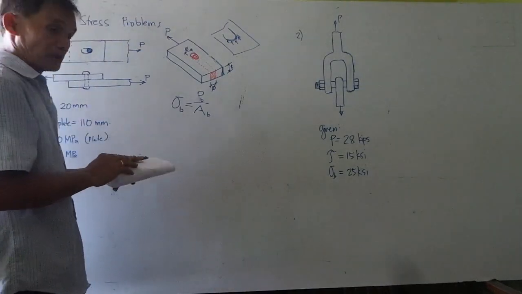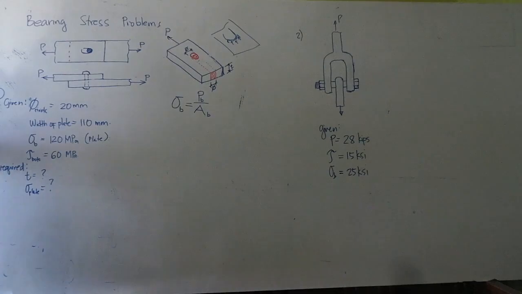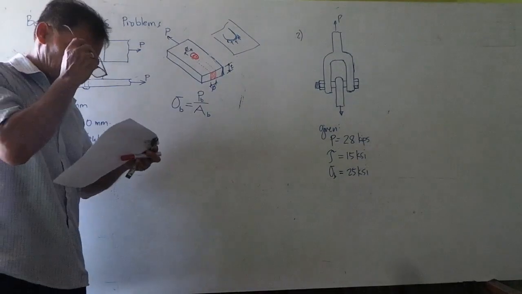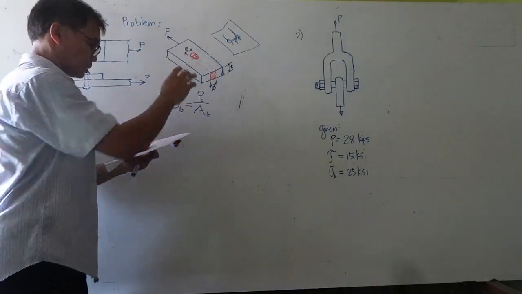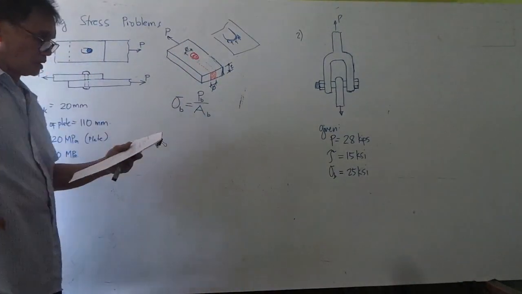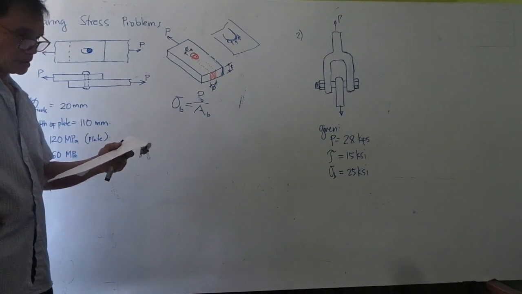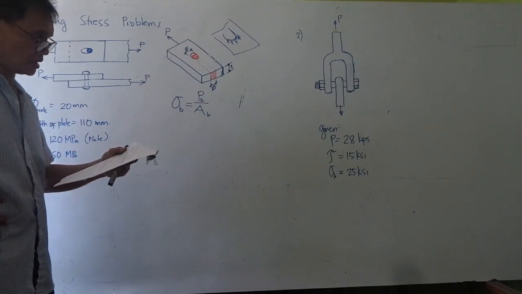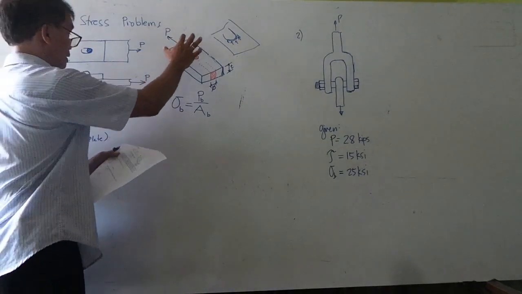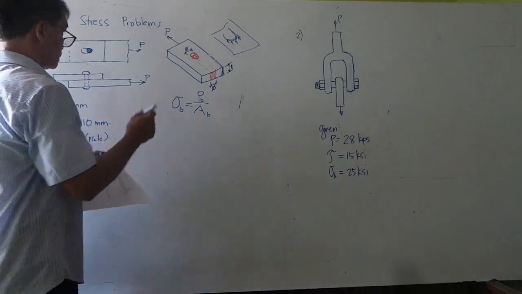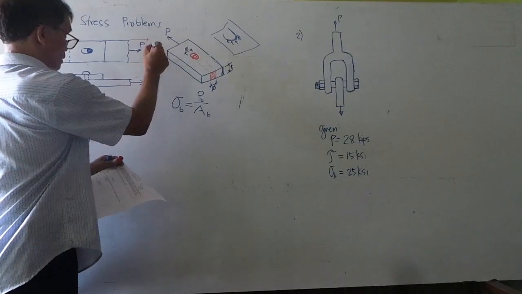So we have the problem about this bearing stress that I uploaded. It is mentioned in the same figure: assume that a 20 mm diameter rivet joins the plates that are each 110 mm wide.